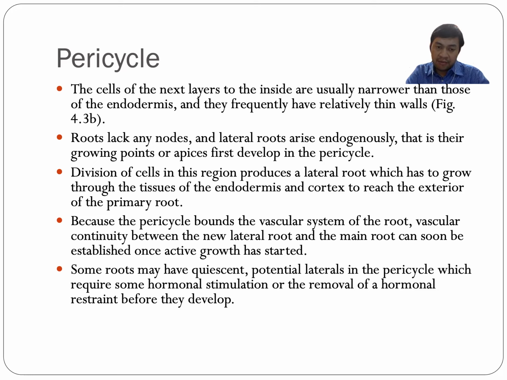Because the pericycle borders the vascular system of the root, vascular continuity between the new lateral root and the main root can soon be established once active growth has started.